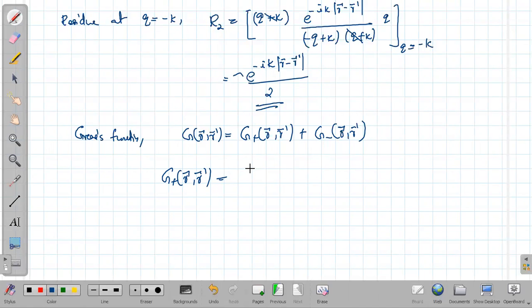That would be 1 by 4 pi square i times modulus of r minus r'.